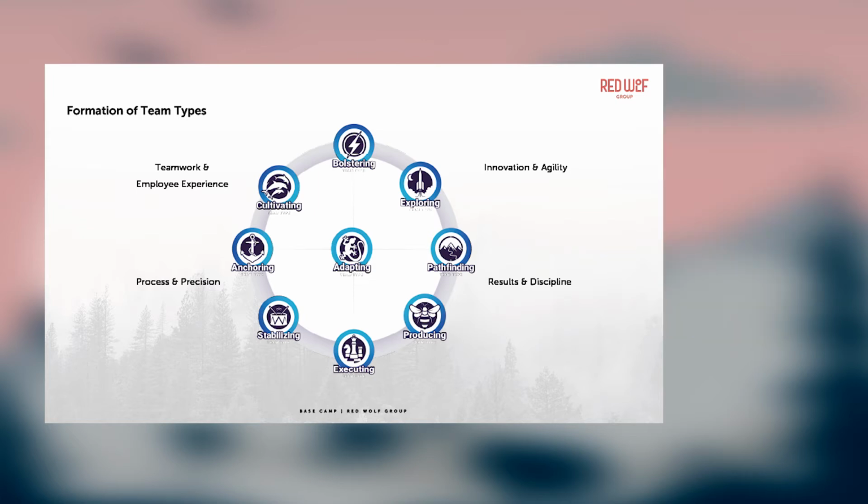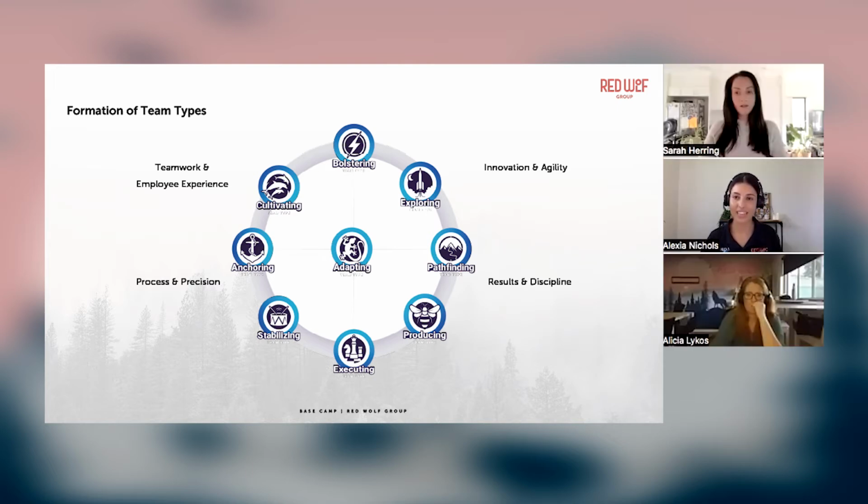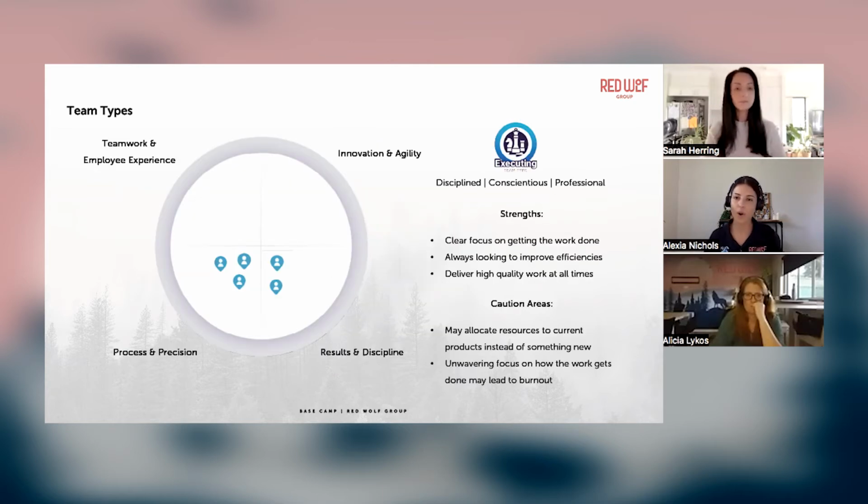We get to actually look at a specific team type and go through it in a little bit more detail. So here I've got an example of a team. We've got 5 people in this team, and as you can see, they all sit in the bottom half of the wheel. Even from last week's session, we know that people that sit in the bottom half of the wheel are D over B, so they're going to be more formal in nature.